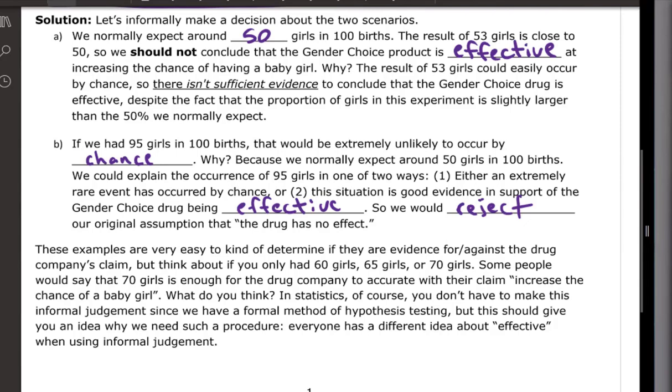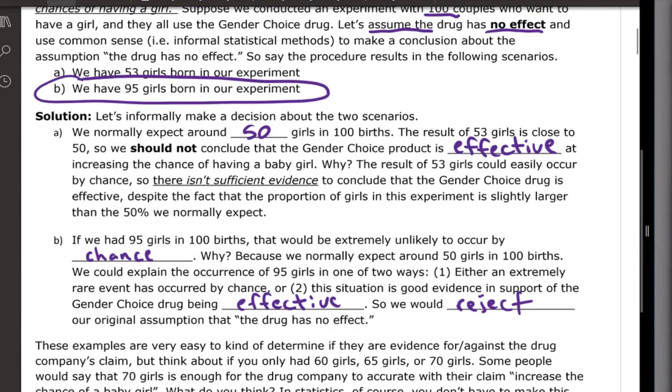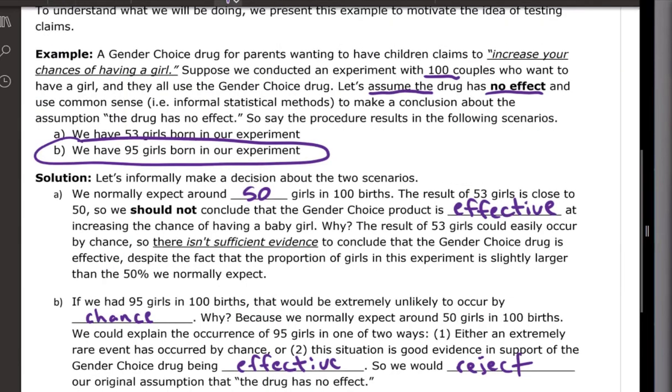Now, in this example, I specifically picked numbers close to 50 and close to 100, some bigger numbers. But think about what if you had 70 girls born. Would that be enough for you to say that it increases the chance of having a girl? Or maybe 75. Maybe you need to be a little further away from 50%.